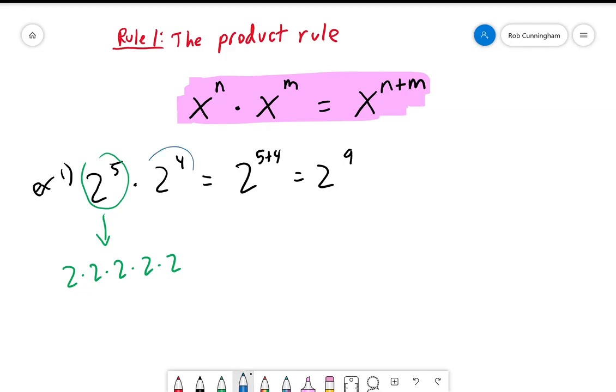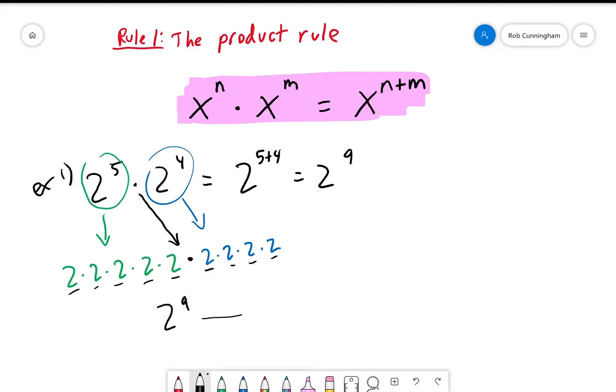And then we could take this 2 to the 4th and rewrite that as 2 times 2 times 2 times 2. And of course, these two products are being multiplied together. So looking at this now, I see 1, 2, 3, 4, 5, 6, 7, 8, 9 2's all being multiplied together. So that seems like 2 to the 9th.